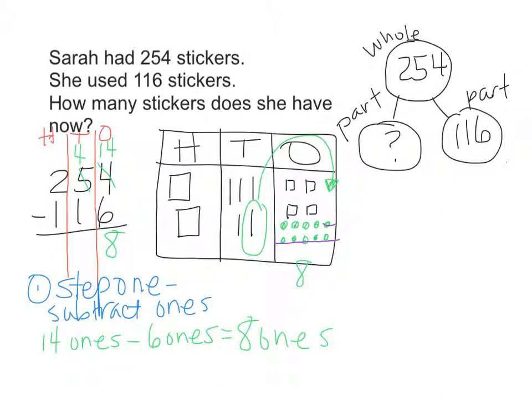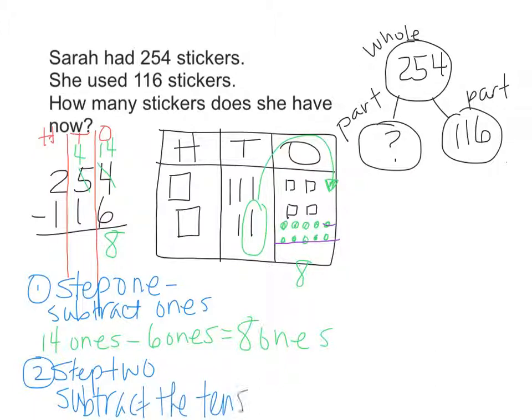Now let's go to step 2. Boys and girls, what's our second step? Oh, do you mean subtract the 10s? Okay, so let's go ahead and subtract the 10s. And now we have 4 10s and 4 10s, and we're going to take away, remember that triangle, 1 10. Here's our 4 10s. Do we have enough to take away 1 10 away?